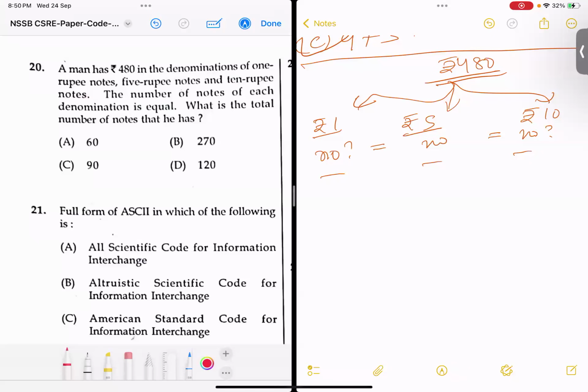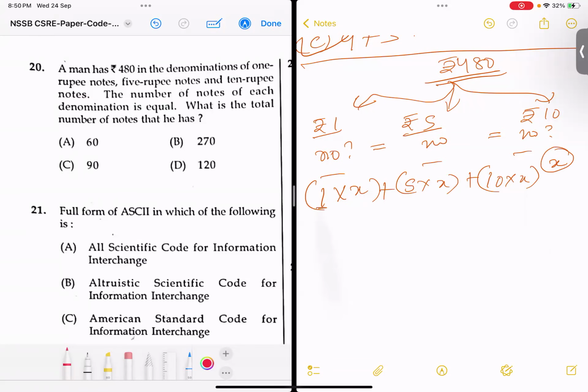Because we know that the number of notes is same, okay? Now let's assume that it's X, the number of notes. So 1 rupee into X number of notes, right? Plus 5 rupees into X number of notes plus 10 rupees into X number of notes, right?